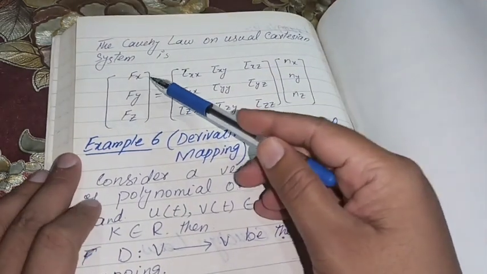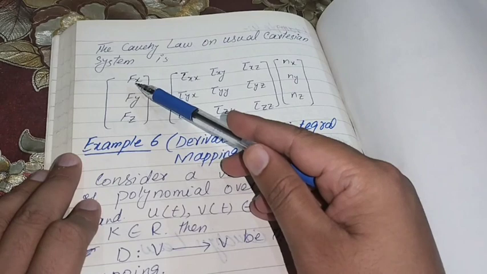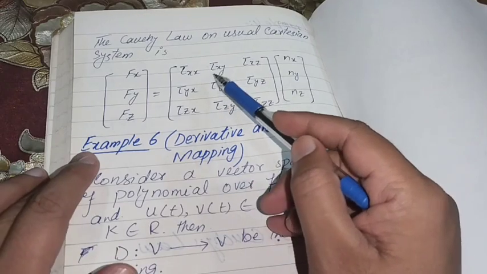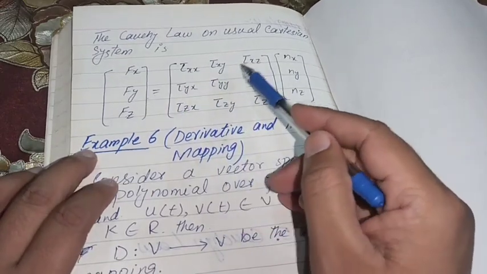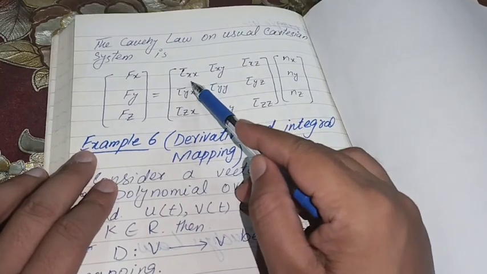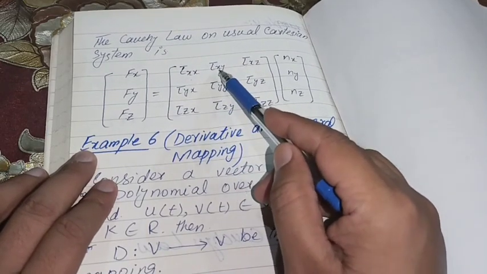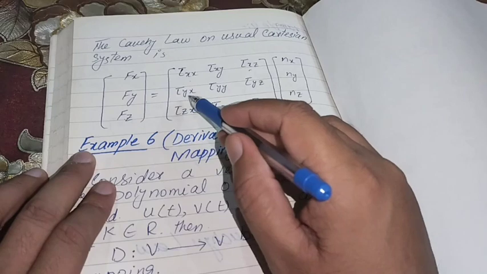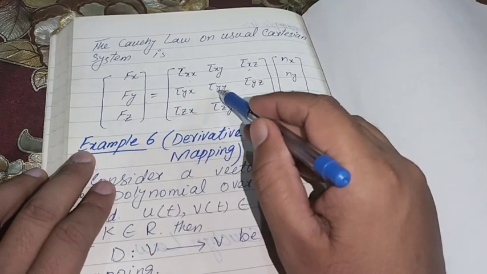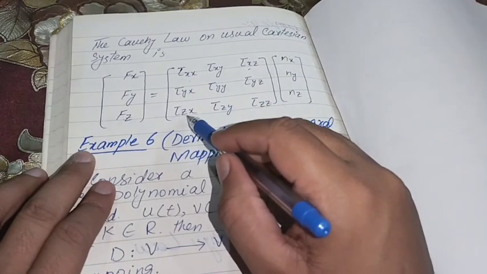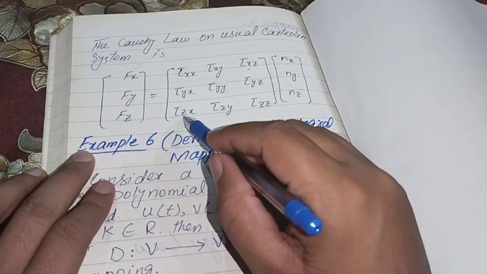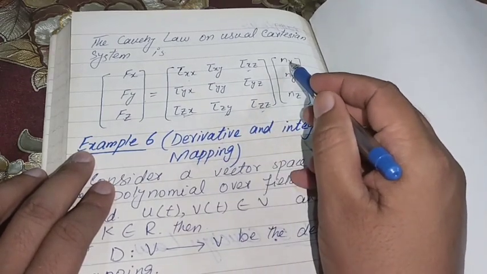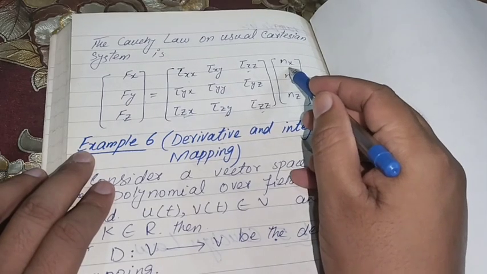In this form, the components f of x, f of y, and f of z are equal to a 3 by 3 matrix of tau components, tau xx, tau xy, tau xz, then tau yx, tau yy, tau yz, and similarly tau zx, tau zy, tau zz, multiplied by the components of the outward normal with respect to x, y, and z.